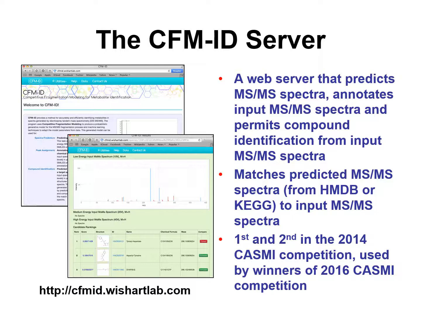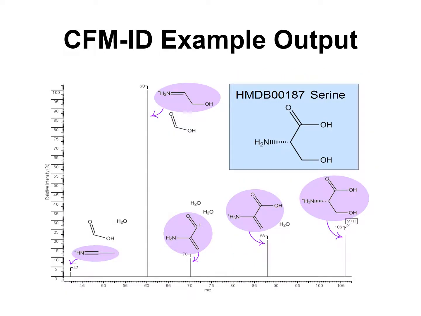It does that by matching its spectra against those from HMDB and from KEGG. CFMID has been evaluated, tested, thrown into competitions for a number of years, and it's done very well in terms of these competitions, and it's been integrated in other software tools for spectral prediction.